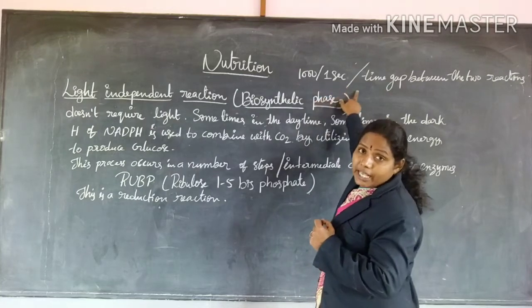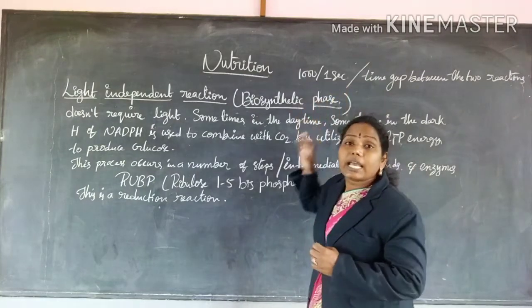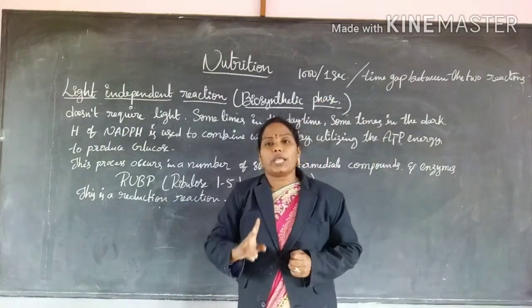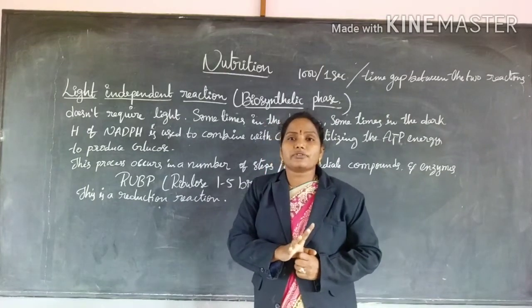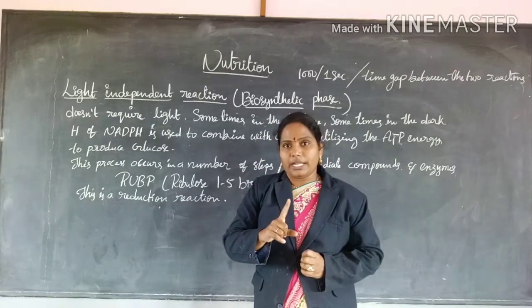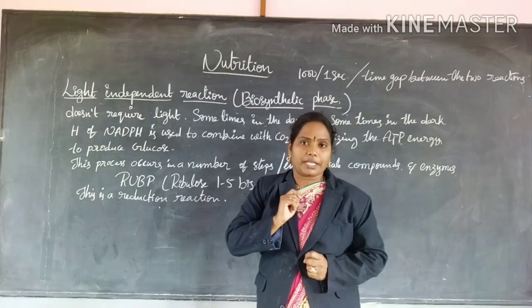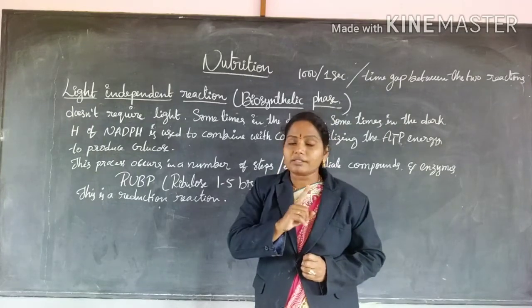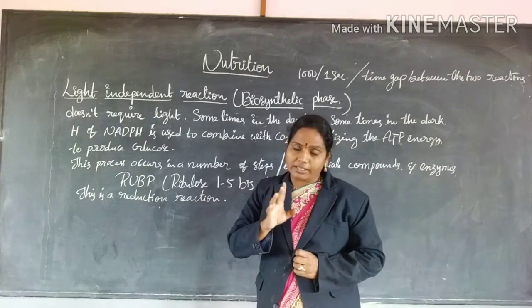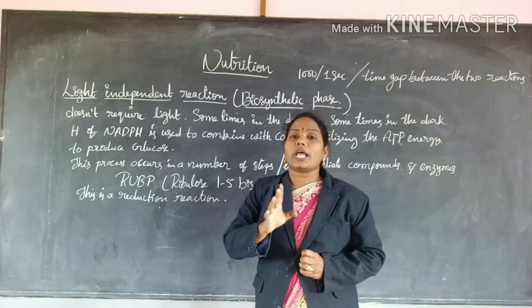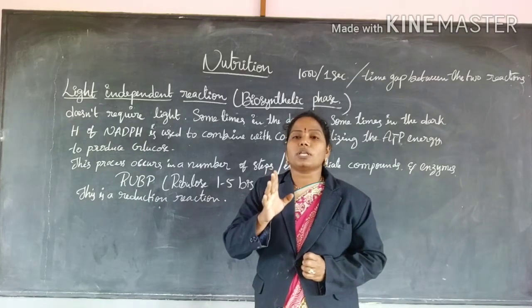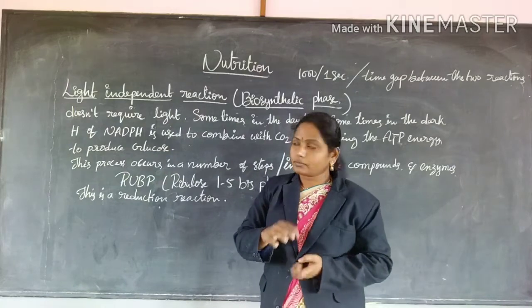What are the two reactions? Light dependent reaction and light independent reaction, or the photosynthetic phase and the biosynthetic phase. In between the two reactions, the gap is 1,000th of a second.